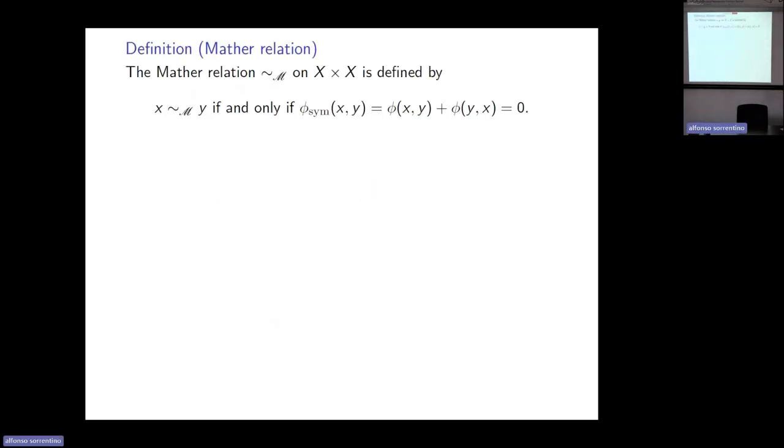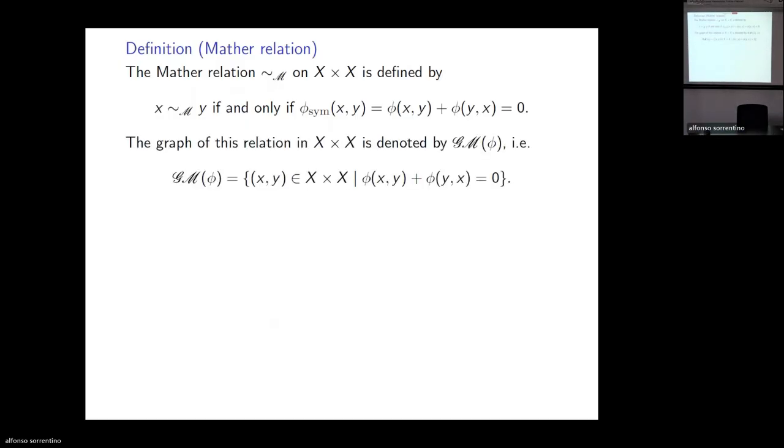So what is the Mather relation on X times X? X is Mather related to y if and only if the symmetrization of phi between x and y is 0. So phi of x y plus phi of y x is 0. The graph of this relation is denoted by graph Mather of phi.